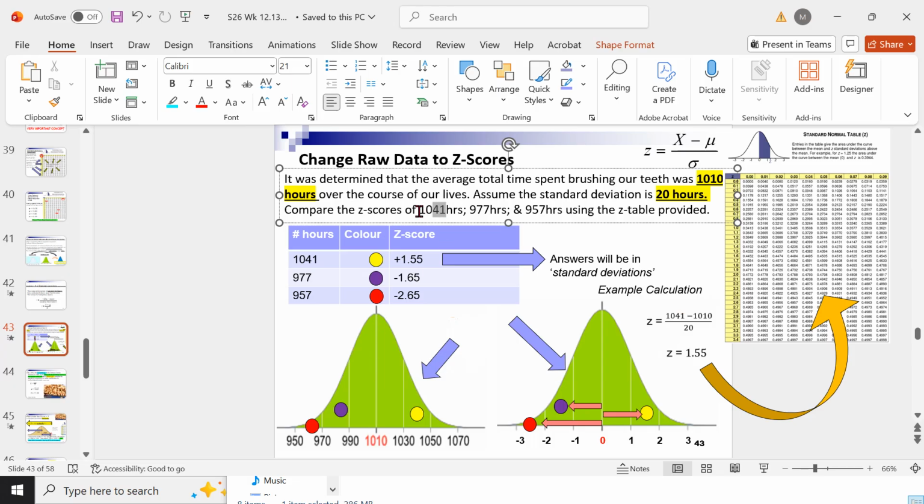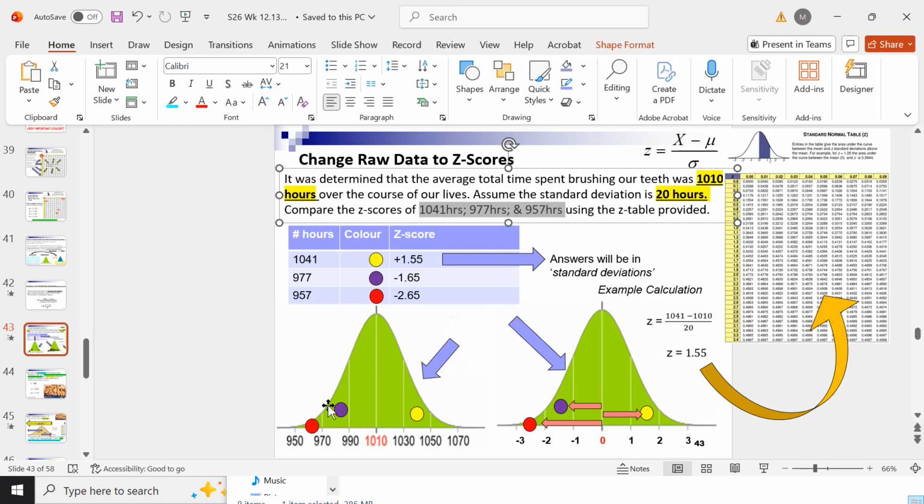This person did 1,041 hours. This person is less than the average, 977 hours, and this one is even more so. Those are the numbers, and I've color-coded them to show where they would appear on our graph.